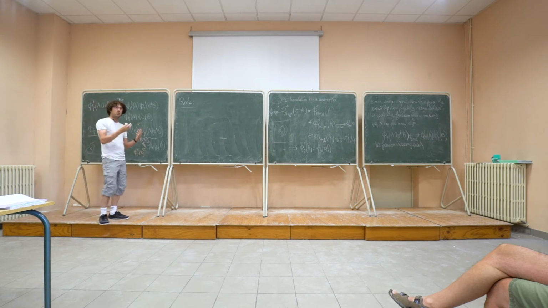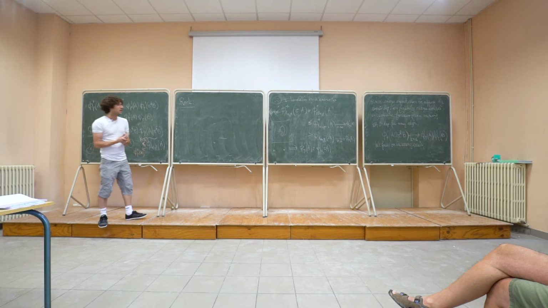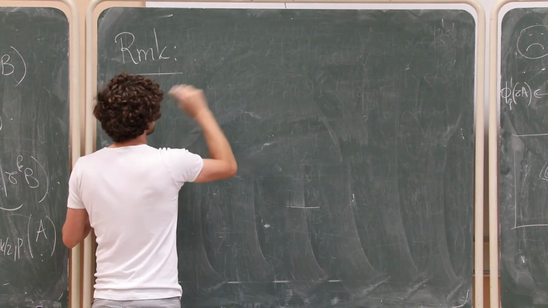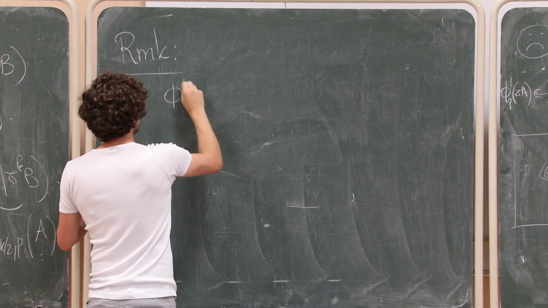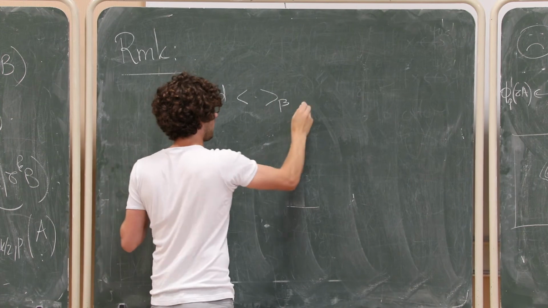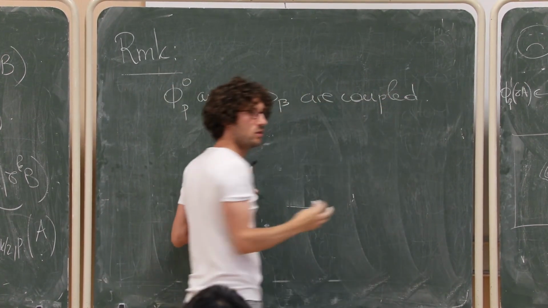Well, they are all limits of the finite volume states for which we have the Edwards-Sokal coupling. So you can just take the limit of these couplings. And what will you end up with? Well, you end up with the following coupling: phi 0 and these states are coupled just in the natural way. There is no trick.